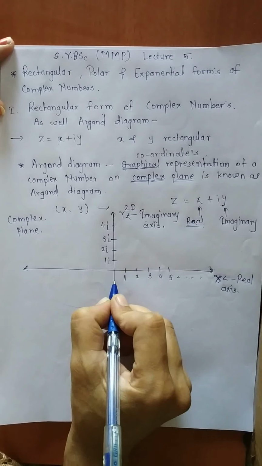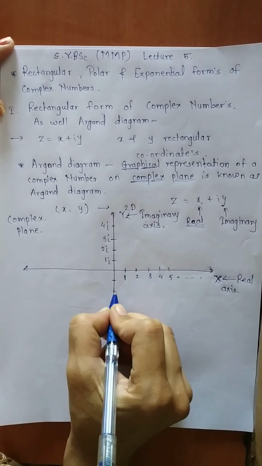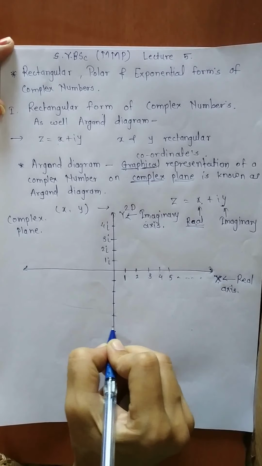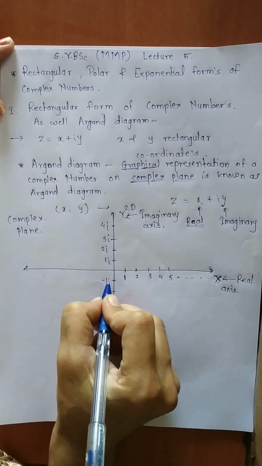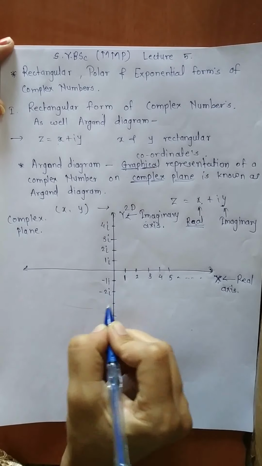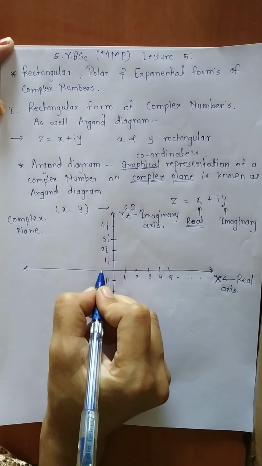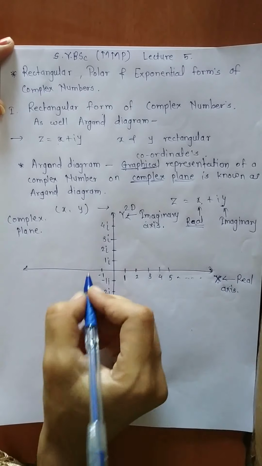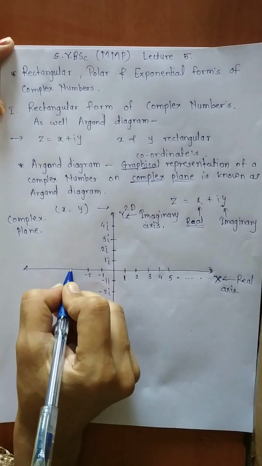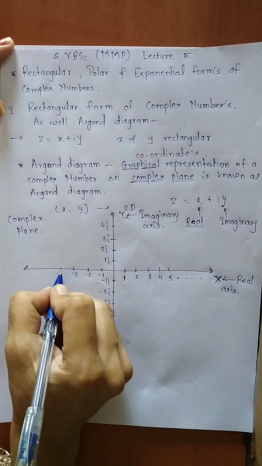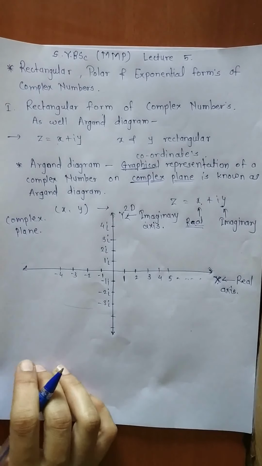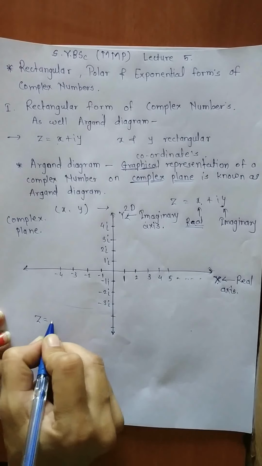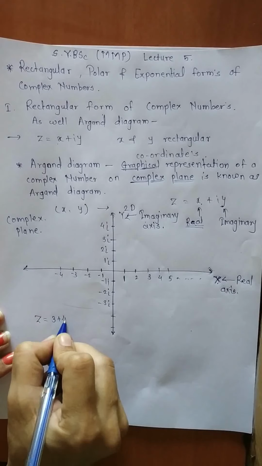In the same way, on this part there will be negative imaginary numbers, that is minus 1i, minus 2i, minus 3i, and on this side there will be negative real numbers, that is minus 1, minus 2, minus 3, minus 4. Now suppose I have the complex number z equals 3 plus 4i.